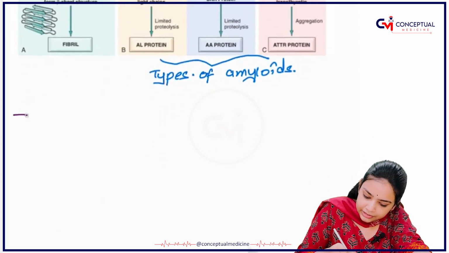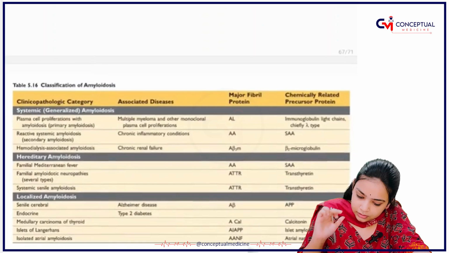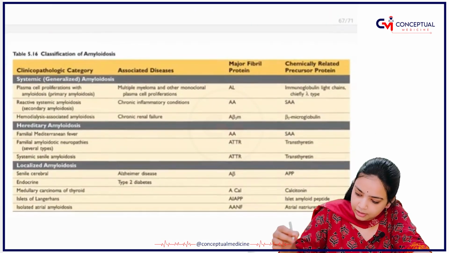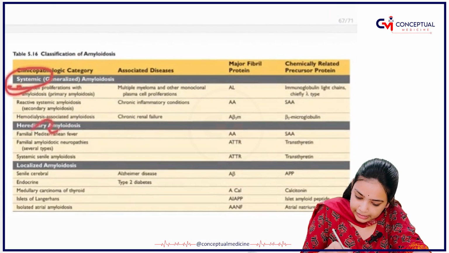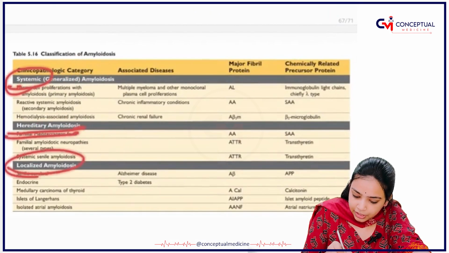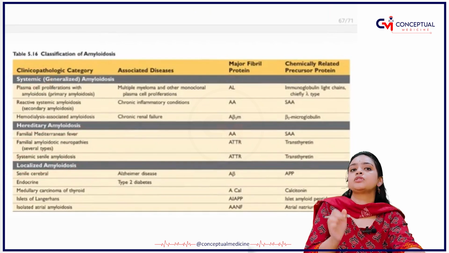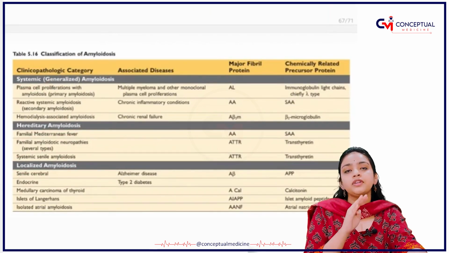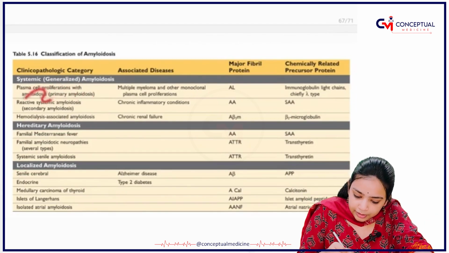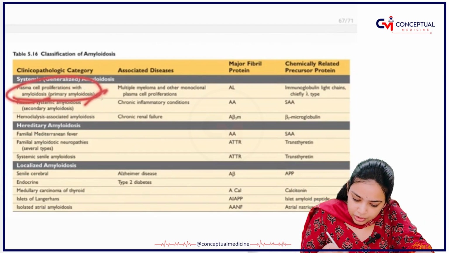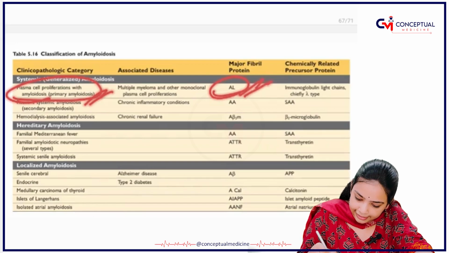So we have a classification of amyloids. See this table; this will be very clear. On the basis of systemic classification, hereditary classification and localized amyloids, we basically divide the amyloid. First is the plasma cell proliferations with amyloidosis, called AL.